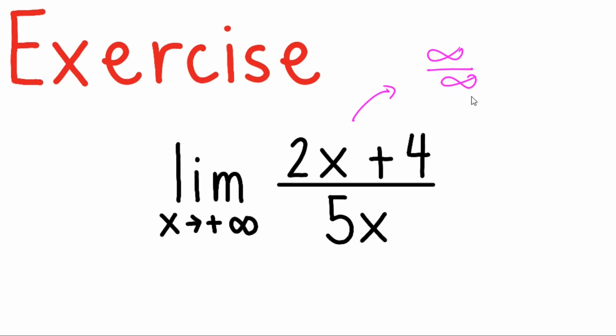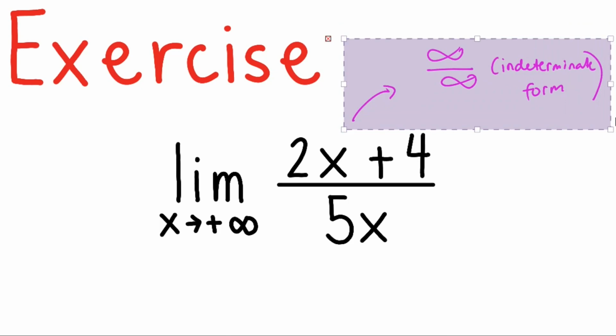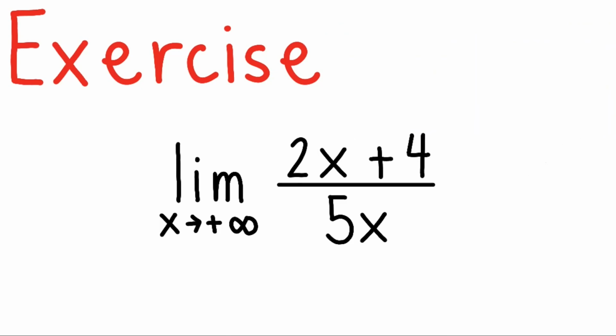Although we haven't discussed it, this one is actually an indeterminate form. Forgive my handwriting, it's not really nice. So this is a nice exercise that you can try to work on. And if you want to learn how to solve this, stay tuned, as we will be discussing the indeterminate form of infinity over infinity in the next video.